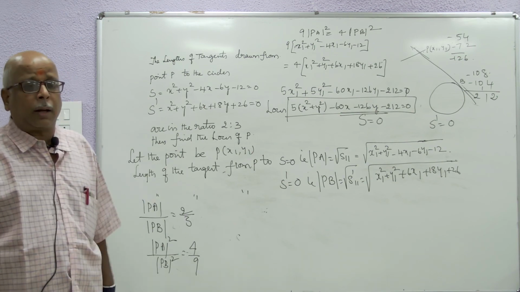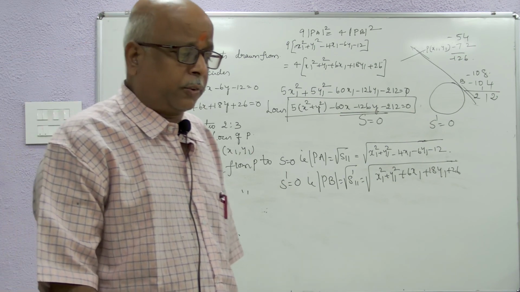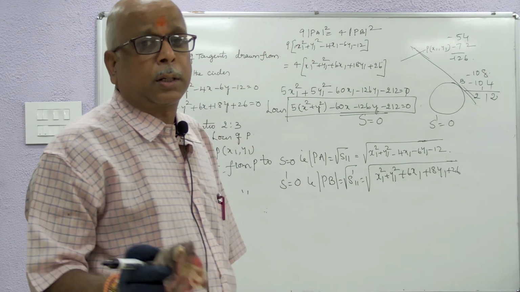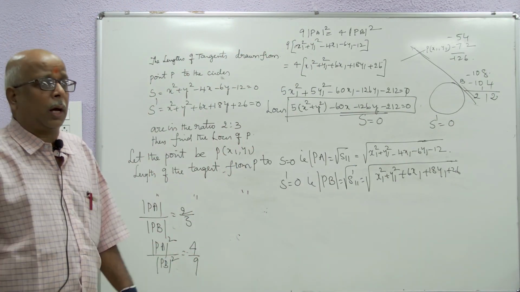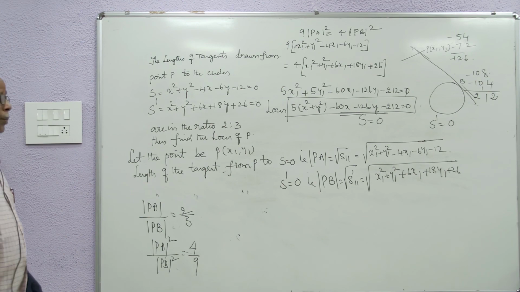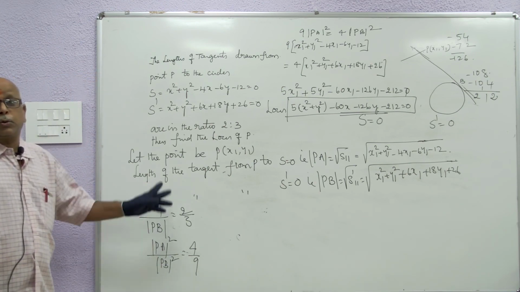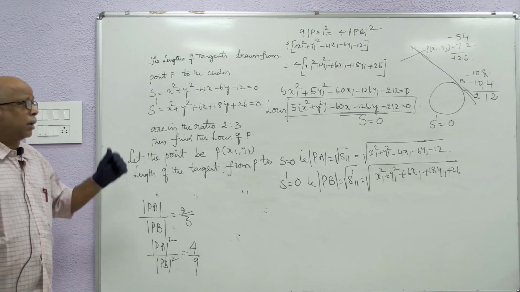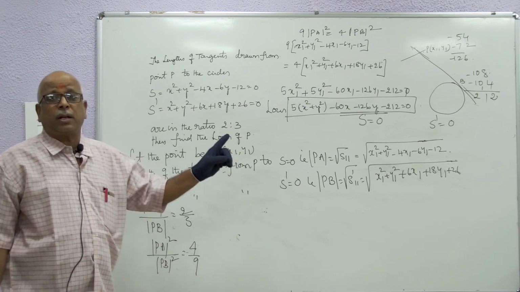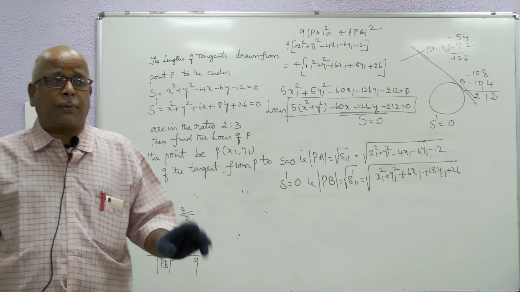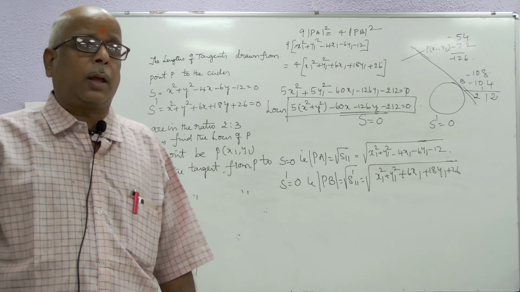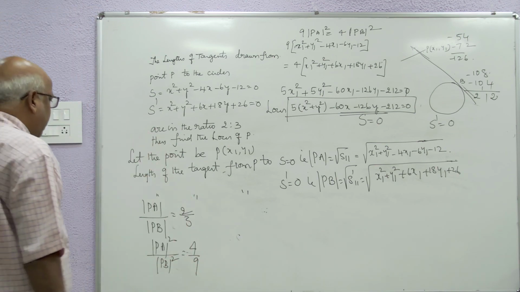This is among essay type questions. This is a very important question, particularly from our examination point of view. What we have done here? Two circles were given, one point. We determined lengths of tangents from the point to the two circles, and their ratio was given.